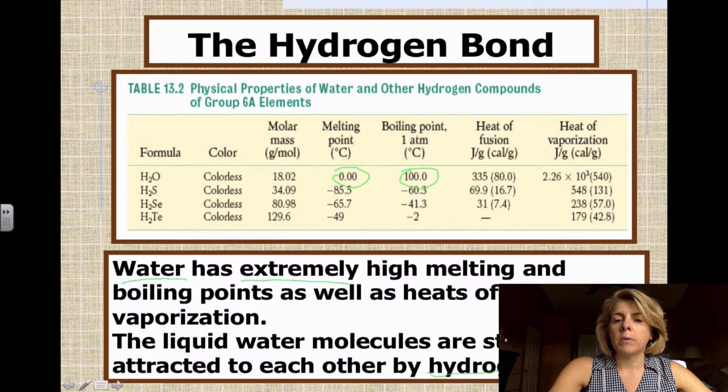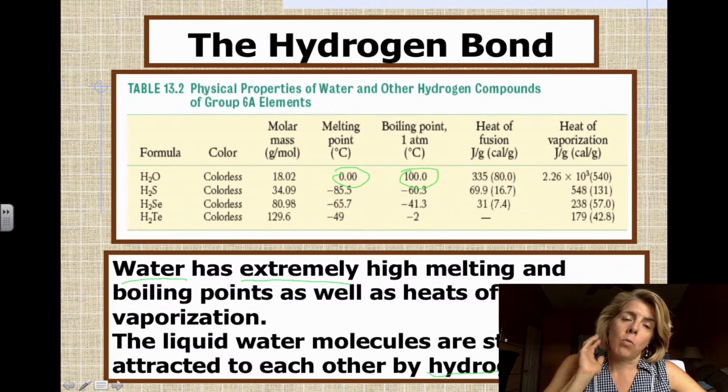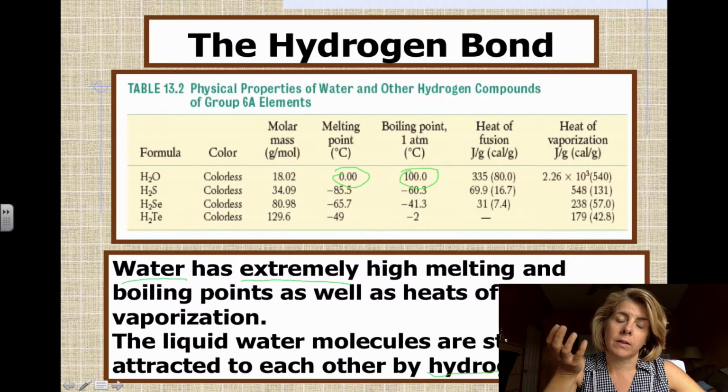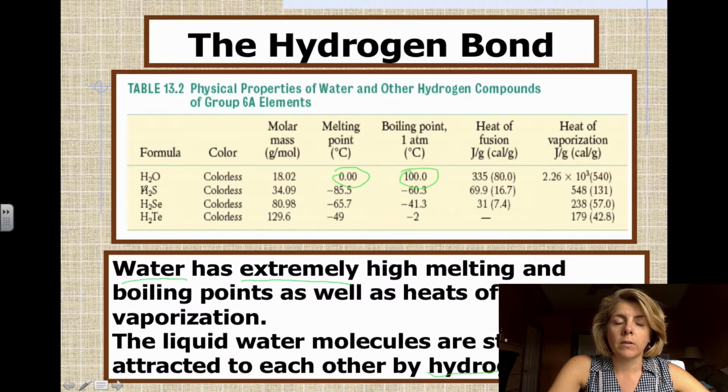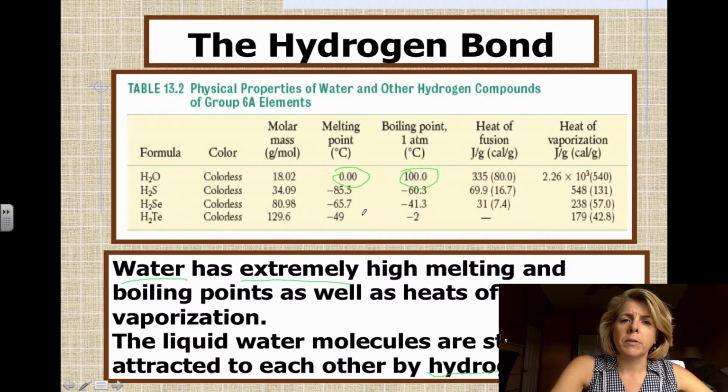So we have hydrogen, we have oxygen, and they have a strong attraction with other water molecules, which causes it to have this high melting point, high boiling point. Now, if you look at these other molecules, H2S, H2Se, H2Te, they all have lower melting points and boiling points because they do not have hydrogen bonding.